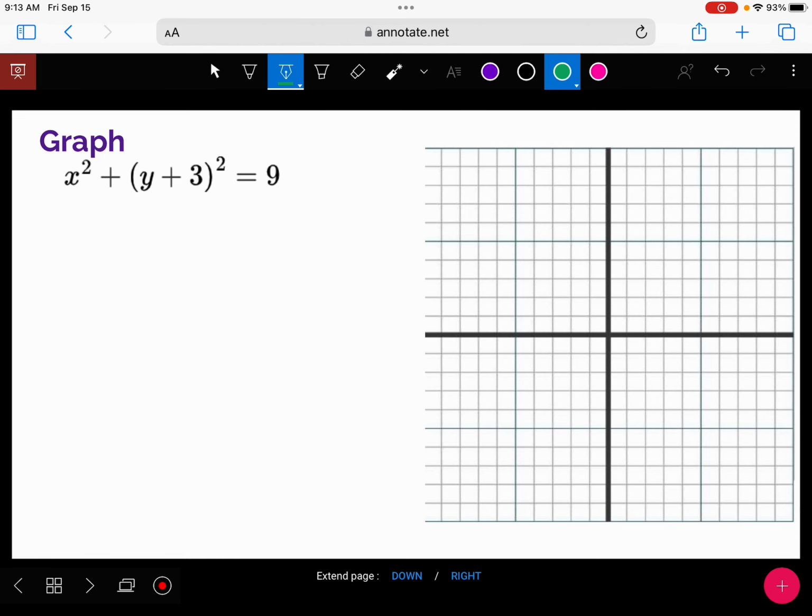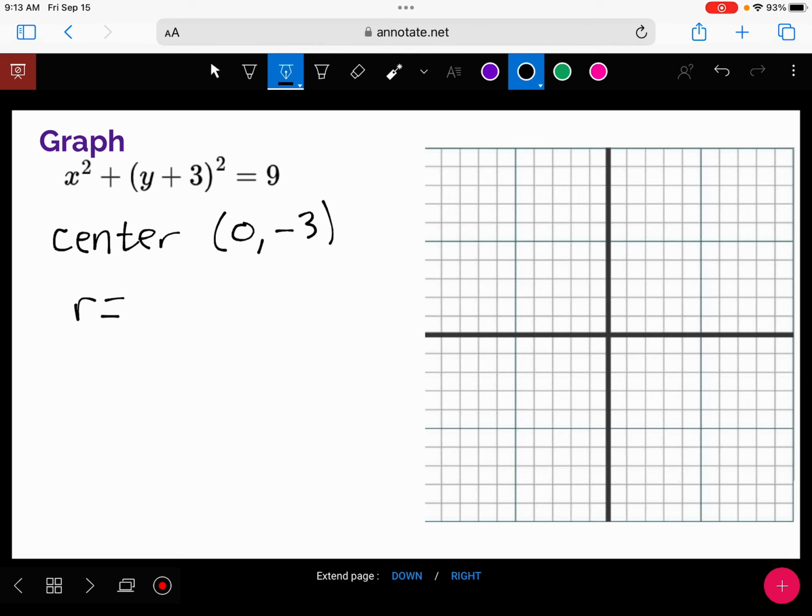Okay? Same process. Graph number 2. New graph, new equation. Same vibe. Where's our center? Zero, -3.